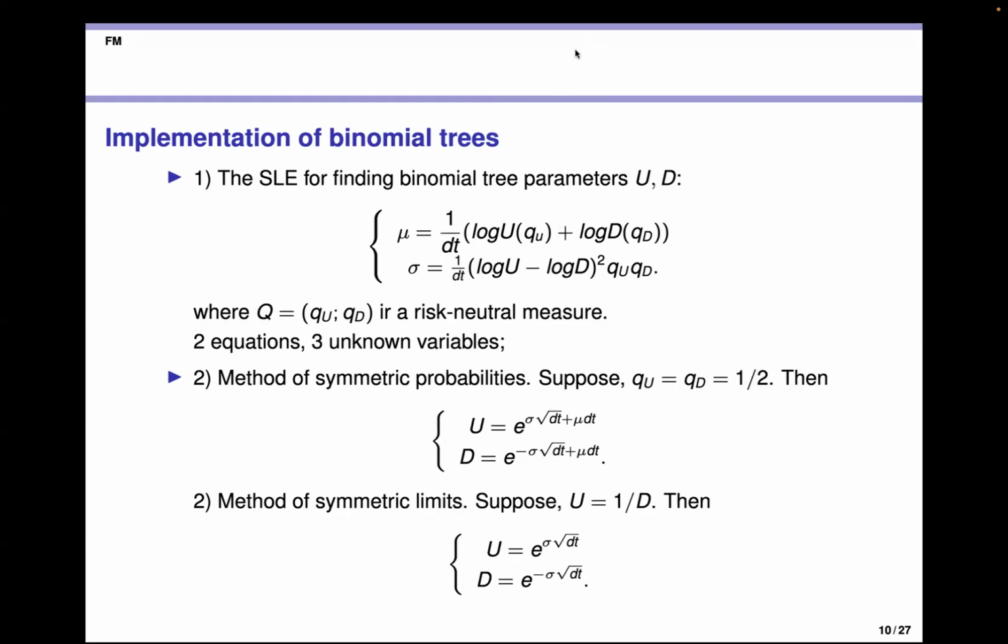What we see is that from historical data, we have S0, S1, the stock prices, up to Sn minus 1 and Sn.